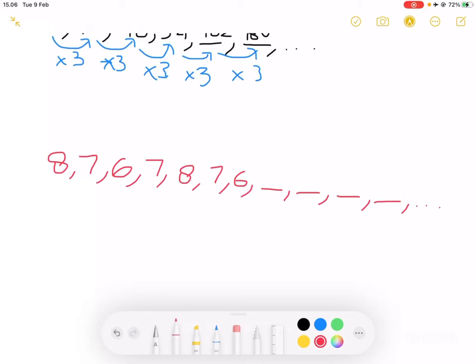Okay, so notice the numbers are oscillating back and forth. So we have 8, 7, 6, 7, 8, 7, 6, and then the next number would be 7, and it would simply oscillate from 8, 7, 6, and then the next number would be 7. So yeah, this is the sequence right here.